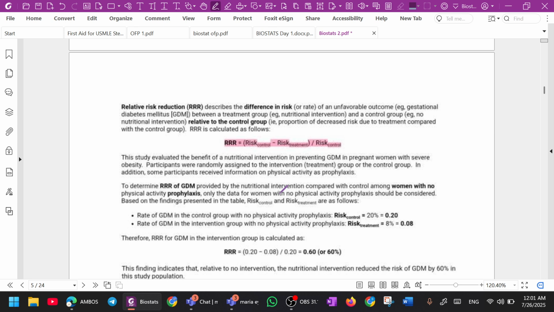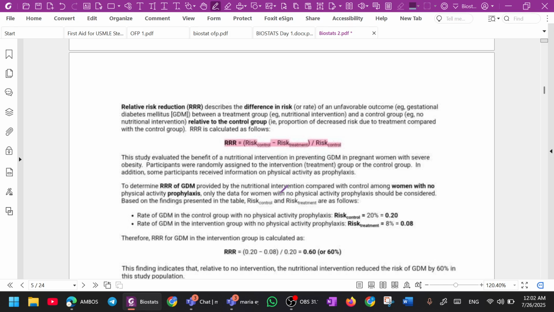Relative risk reduction describes the difference in risk of an unfavorable outcome, that is gestational diabetes mellitus, between a treatment group, that is nutritional intervention, and a control group, that is no nutritional intervention, relative to the control group. RRR is calculated as risk control minus risk treatment divided by risk control.